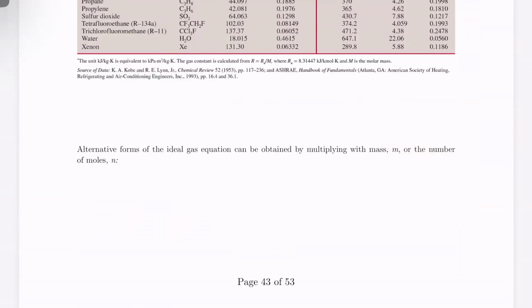So for example, the value of the ideal gas constant R depends on the substance.